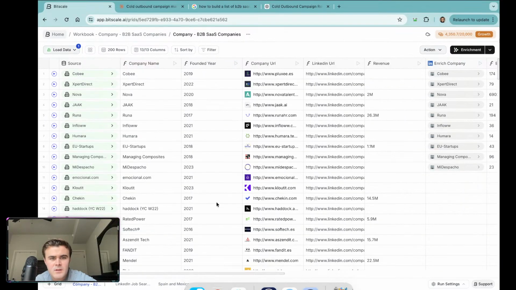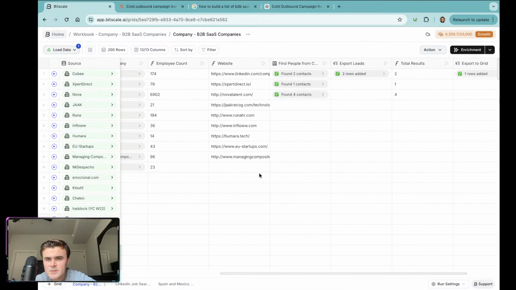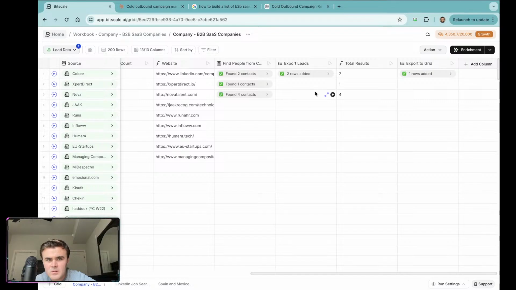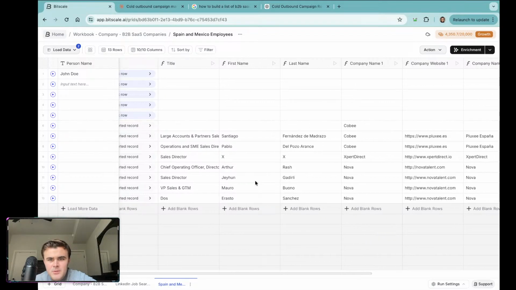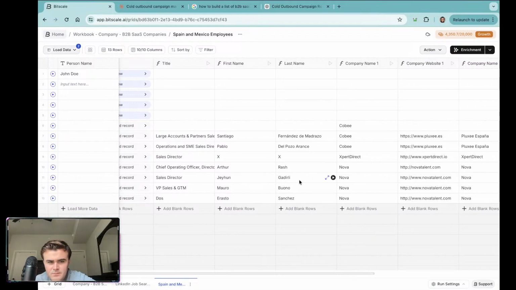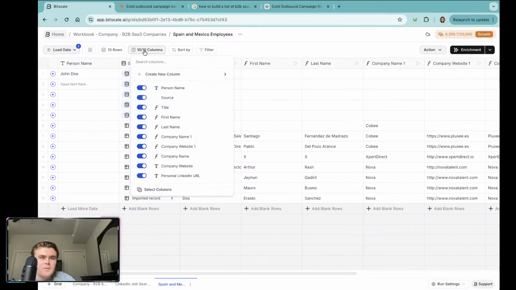Everything's going good, I feel like. So look, it looks like 5 more rows have been added. Here are all these people. I definitely don't want multiples from the same company, but we're gonna focus on that later. And then we don't need person name.